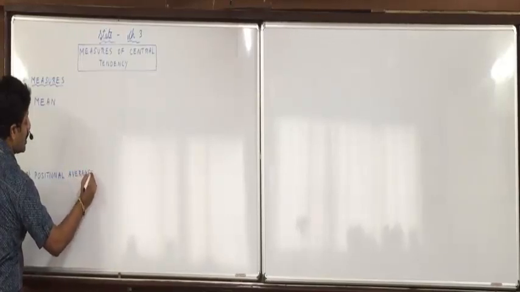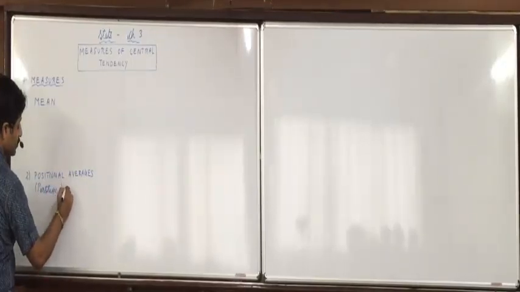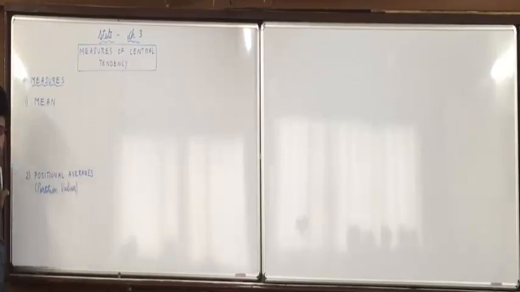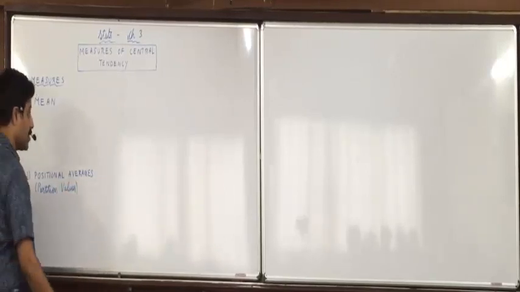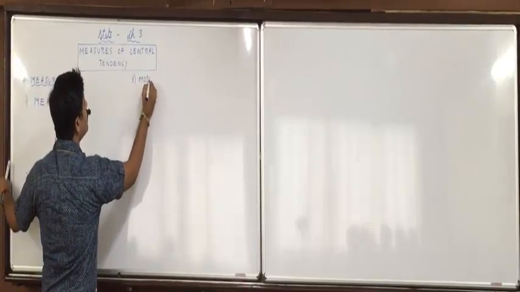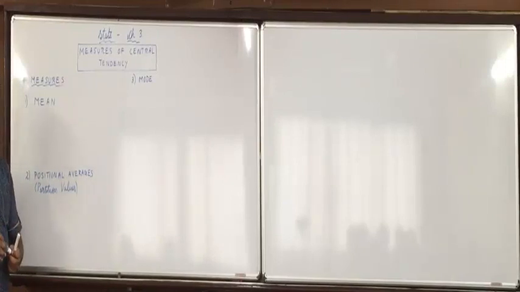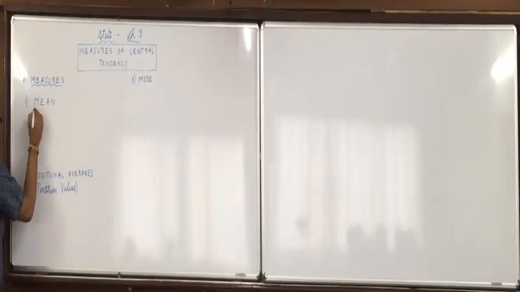We also call them partition values. And 3rd, we will be studying mode. 3 main measures we will study: mean, positional averages, and mode.